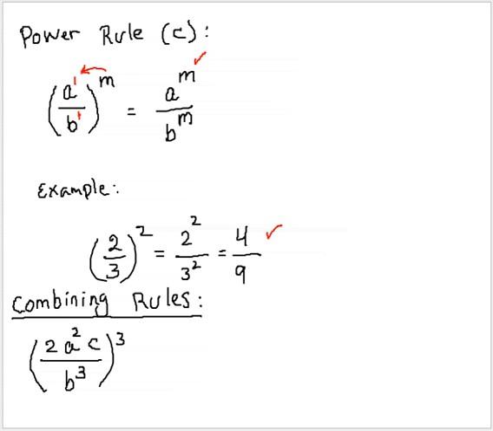Good. Now, everyone, I want you to use the combination of these rules that we looked at to tell me what we have here. Okay, I'm going to start with Elaine. What would happen to the 2? That would be 2 to the power of what? Elaine, 2 to the power of 3, exactly.